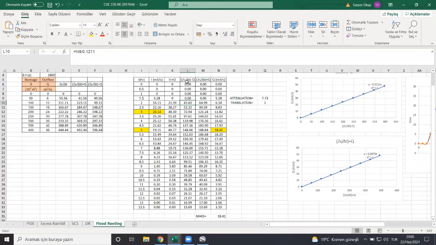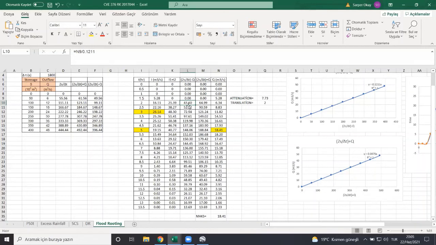And for the minus Q part, for this column, you are going to take this discharge. Let's say you want to calculate this 2S divided by delta T minus Q value for the second row.